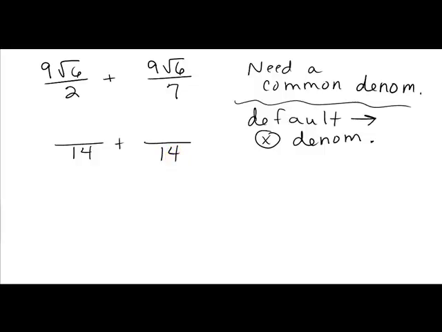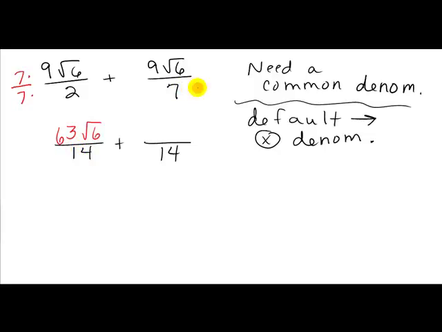And what we are doing is multiplying 2 times 7, and we have to do the 7 on the top too. Remember, 7 over 7 equals 1, so we're not changing the value of this term. We're only changing the appearance. It looks different, but they are equal.